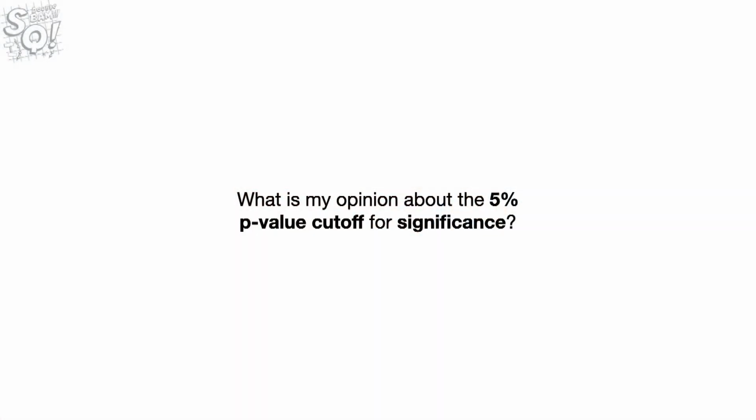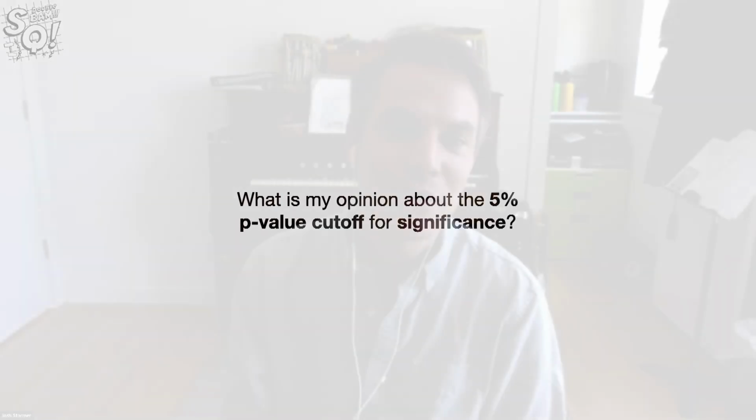Someone said, I've got 2 questions about the 5% rule for p-values and hypothesis tests. And people have a question like, what is my opinion about that? And this is kind of funny. So I have a degree basically in statistics, a PhD basically in statistics. And when you learn about statistics in an academic setting, they have all these rules and things you're supposed to follow.